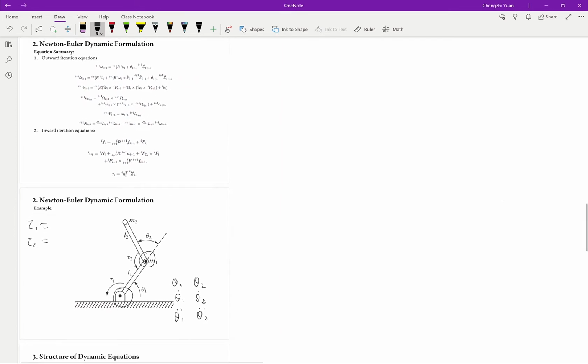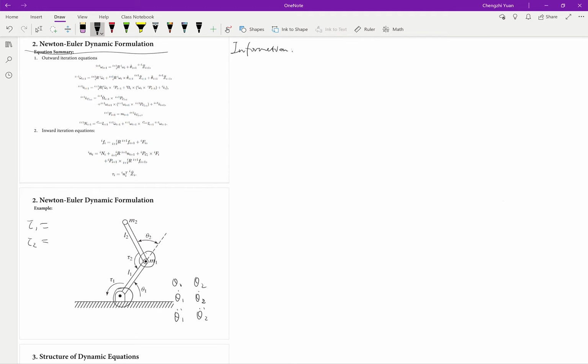Let's see how we are going to apply the methods we talked about before to solve this problem. Before proceeding to the two steps, outward and inward iterations, we need to know what initial values we already know. Let's list all the information.